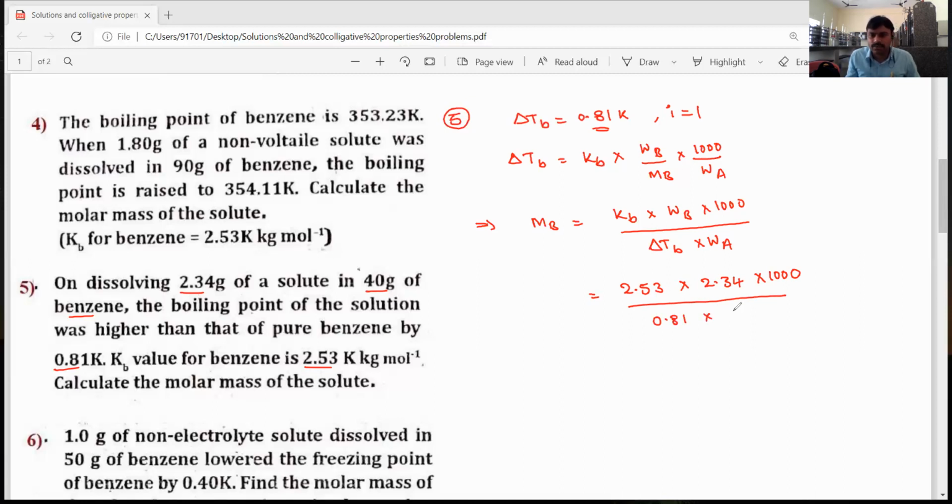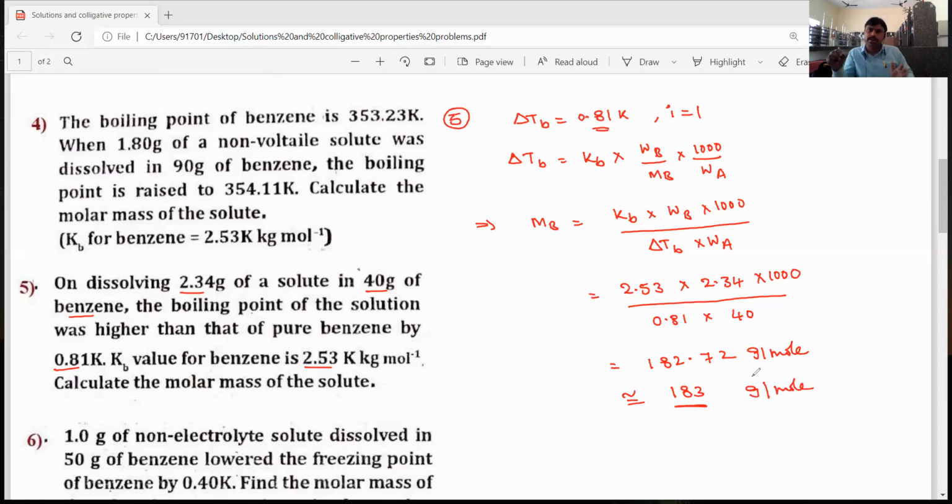Benzene weight they gave is 40 grams. On simplification we get 182.72 gram per mole, which we approximately consider as 183 grams per mole of solute.